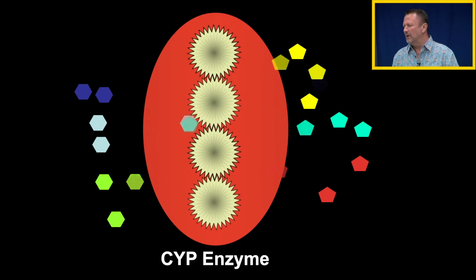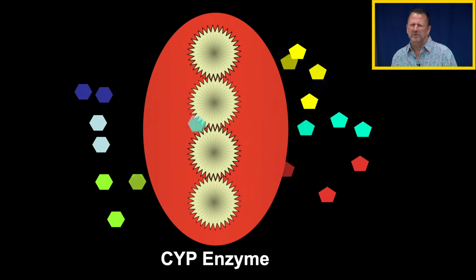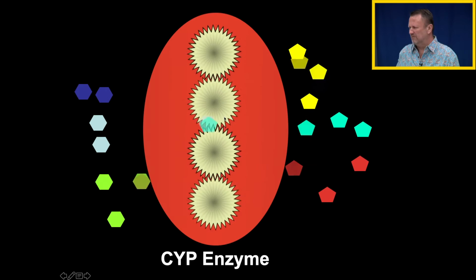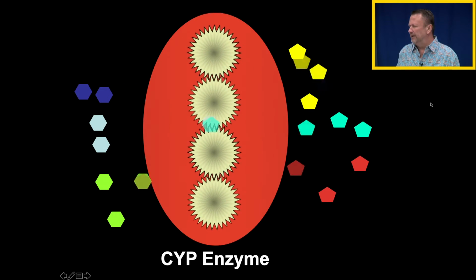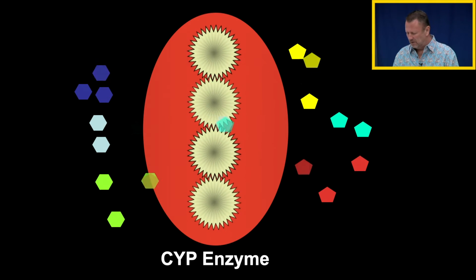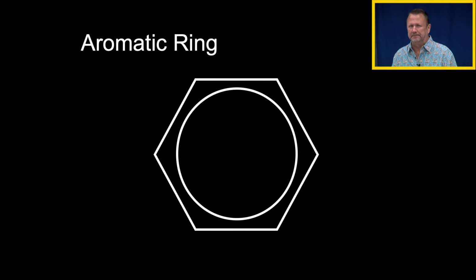It is a protein. We've made it red colored because that's what cytochrome P450 means. P450 is the wavelength of light that looks like liver, and cytochrome means colored cell. That's why my protein has this color to it. Remember aromatic rings? We talked about aromatic rings.